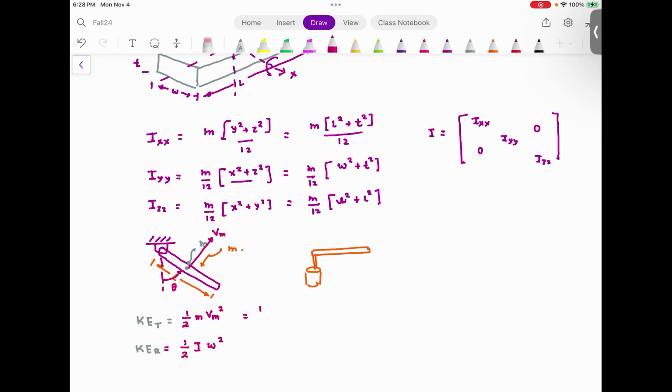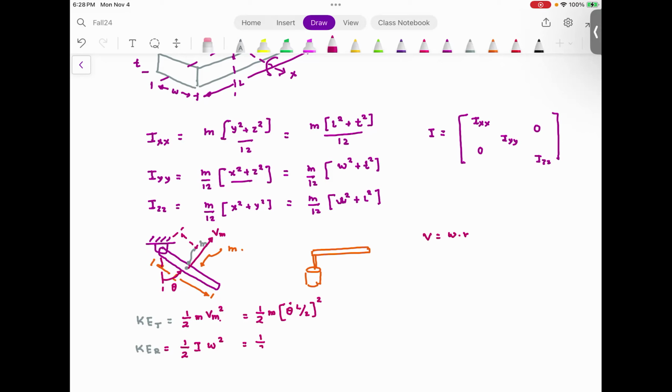Now please understand, Vm is nothing but theta dot multiplied by L by 2, because velocity is omega times r, and this radius is L by 2. So omega times r, theta dot L by 2, squared, gives the kinetic energy of translation.